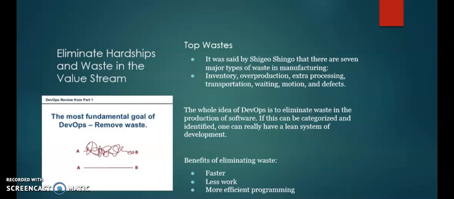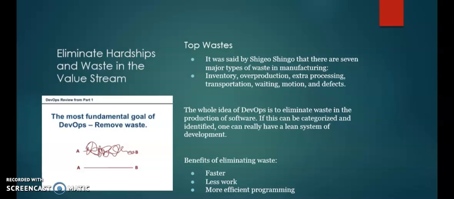Okay, guys, I'm here to talk about eliminating hardships and waste in the value stream. So really, this image on the left says it all: the most fundamental goal of DevOps is to remove waste, to plan ahead so that you can go from point A to B as efficiently as possible.